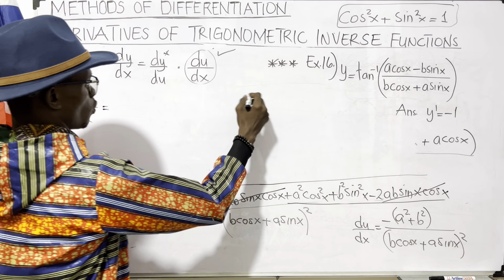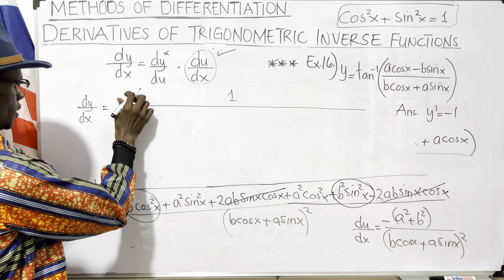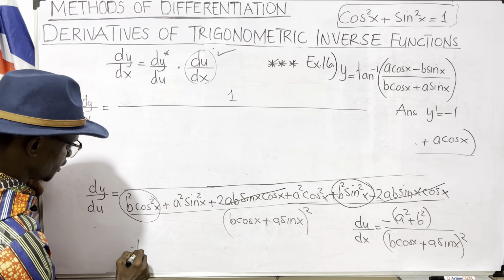This first term, which is b squared cos square x, like we had in the previous problem, and then b squared sine square x, we can factor out b squared. So if b squared is factored out, we will just have b squared outside, then cos square x plus sine square x. So this is just equal to 1.